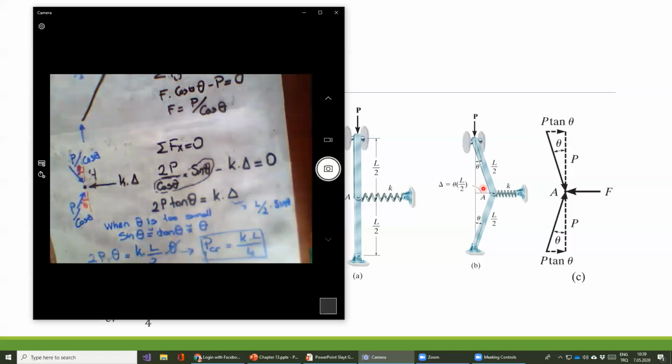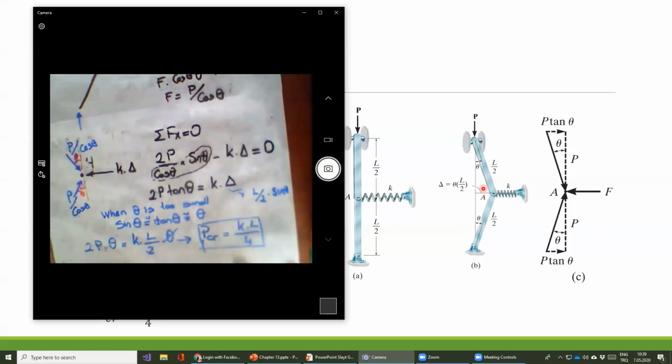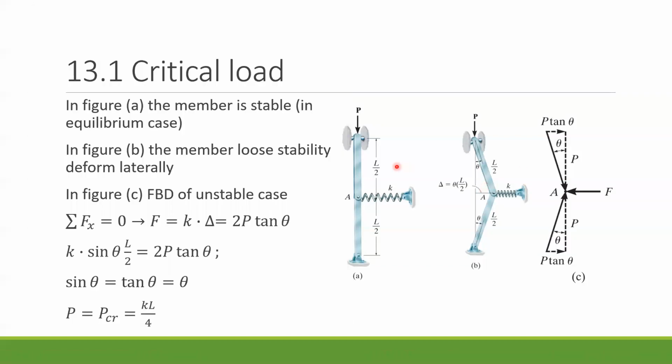It depends on our structural shape. After that, we apply the small deflection or small deformation theory, and we define theta as too small. Therefore, we can use the assumption sine theta is equal to tangent theta is equal to theta, and after that we can calculate this P critical force.